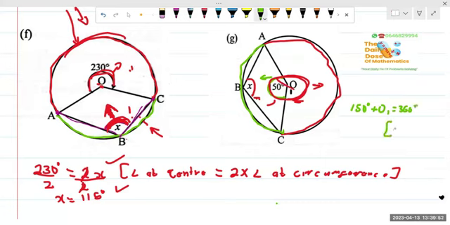And then I need to state the reason, because I just can't say things in Euclidean geometry. So why am I saying this? You can say these are angles on a revolution, or you can say angles around a point. Any angles around a point are going to give you what? 360.